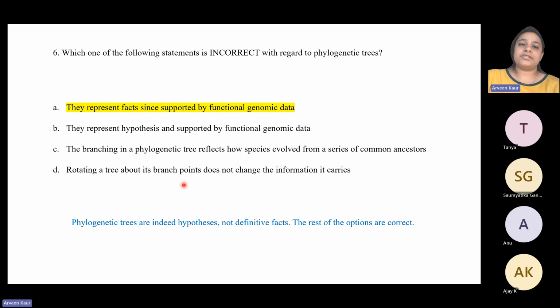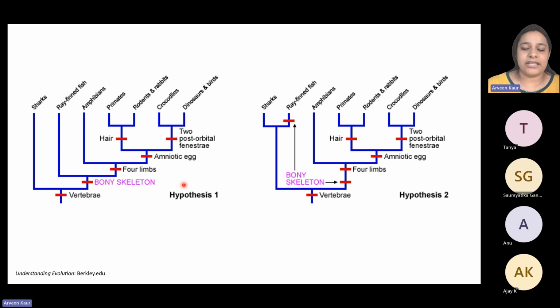Okay. So just for instance, I have kept the example of one particular phylogenetic tree, which presents two hypotheses. Right? In this, the same 7 different animals have been used, which are sharks, ray finned fish, amphibians, primates, rodents and rabbits, crocodiles, and dinosaurs and birds.